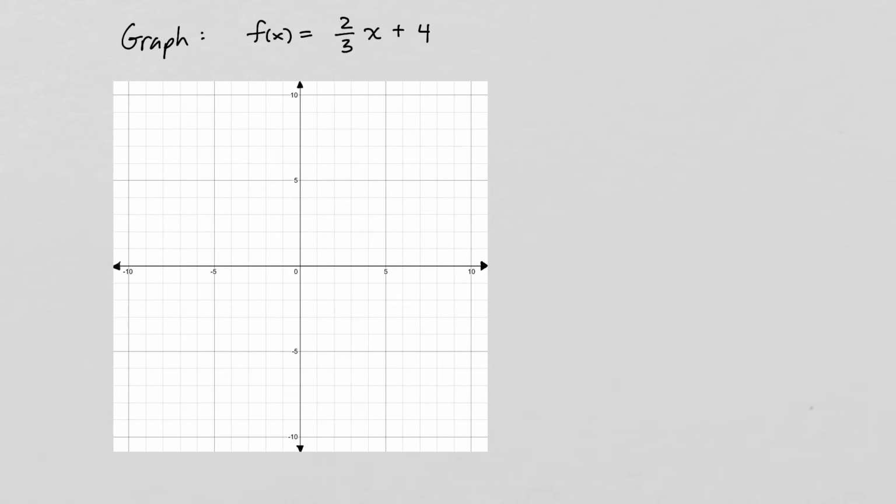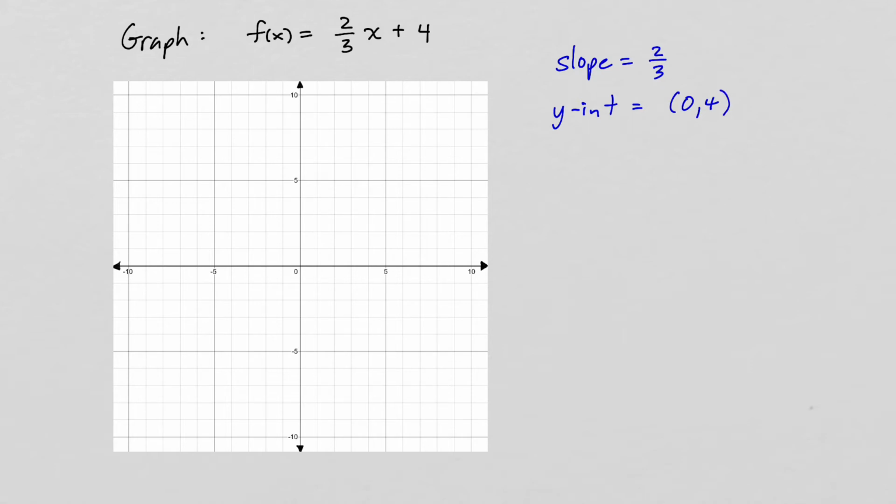Suppose you're asked to graph the linear function f of x equals 2/3 x plus 4. So we want to notice that the slope of this line is equal to 2/3, and the y-intercept of this line is equal to 4. But remember, the y-intercept is really a point that can be expressed as (0, 4).